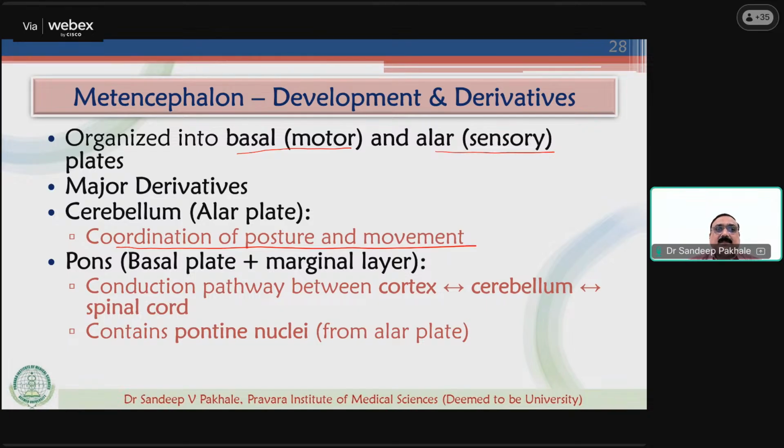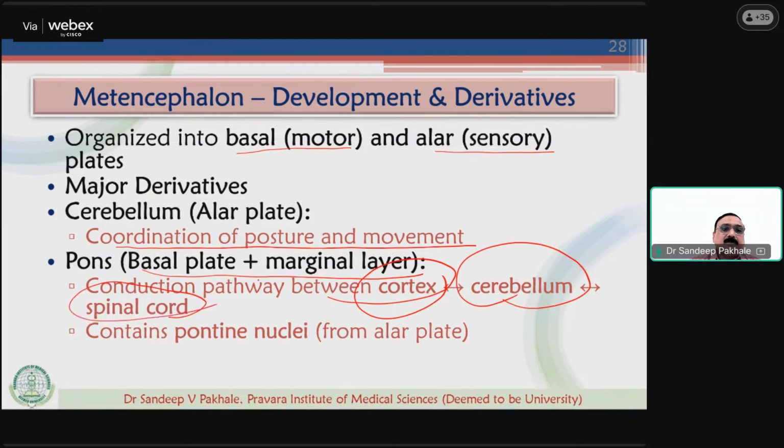While the basal plate, along with the marginal layer, is responsible for forming the pons, acting as a major conduit for fibers connecting the cerebrum, cerebellum, and spinal cord.